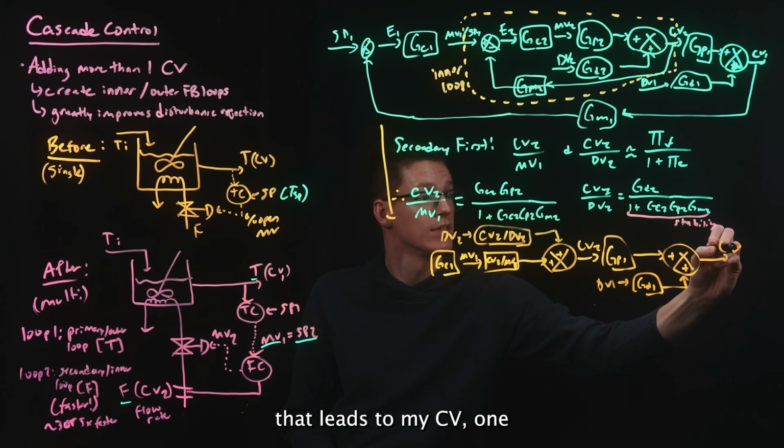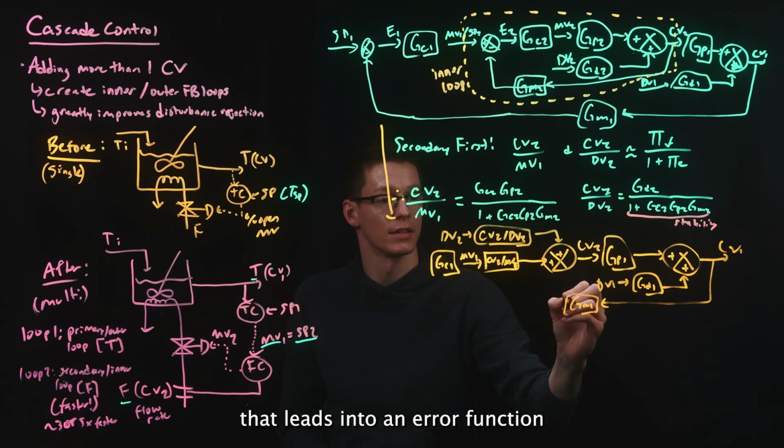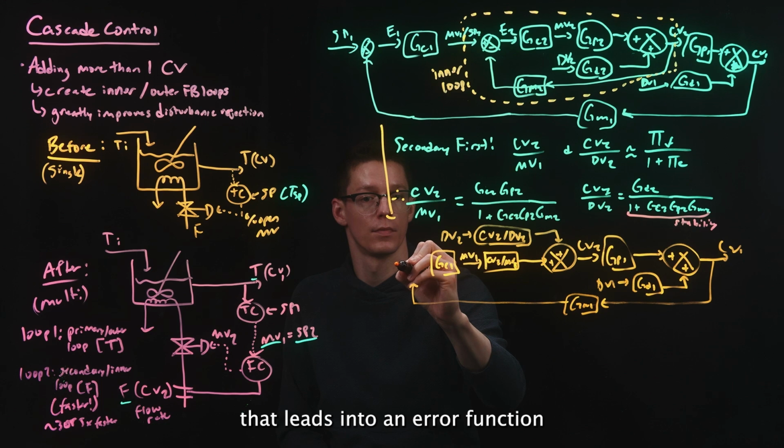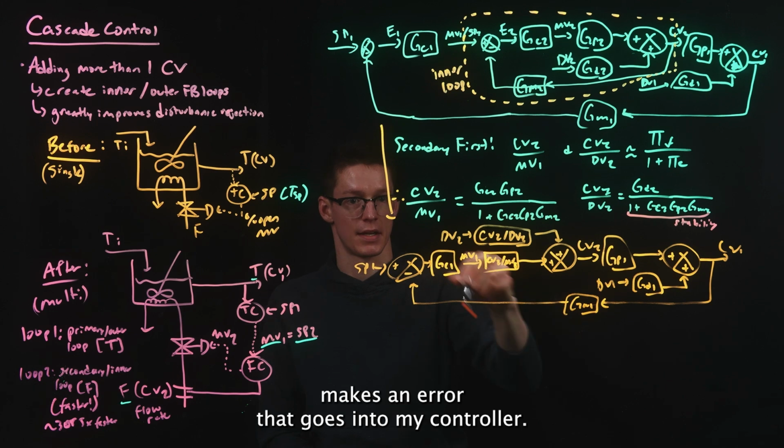That leads to my CV1 that has its own feedback into GM1. That leads into an error function that comes from the set point, makes an error that goes into my controller.